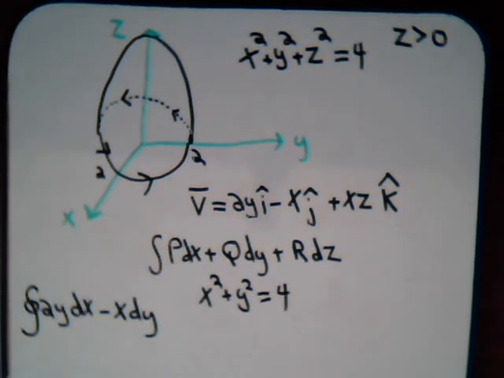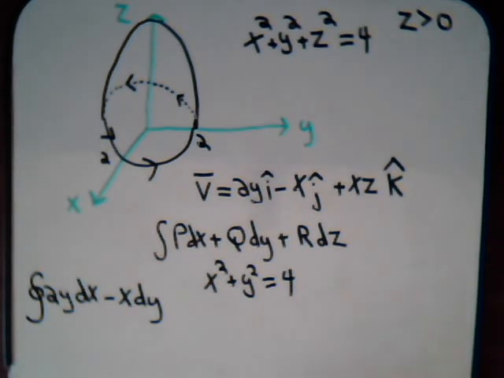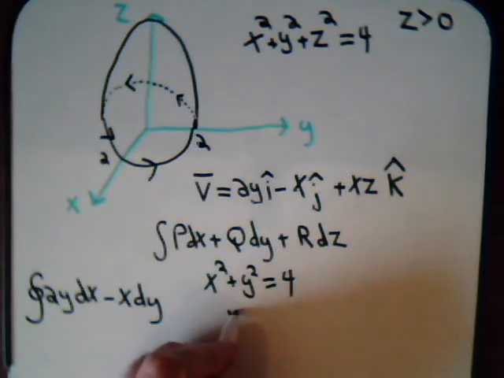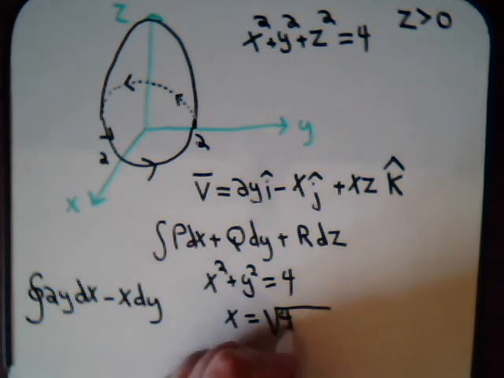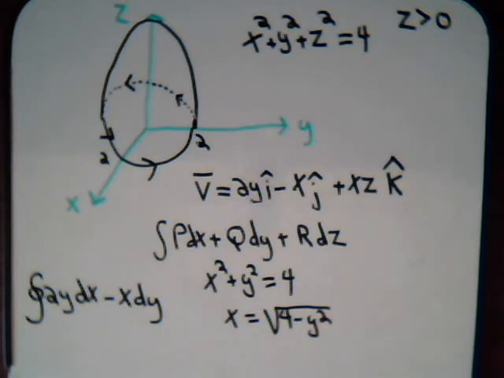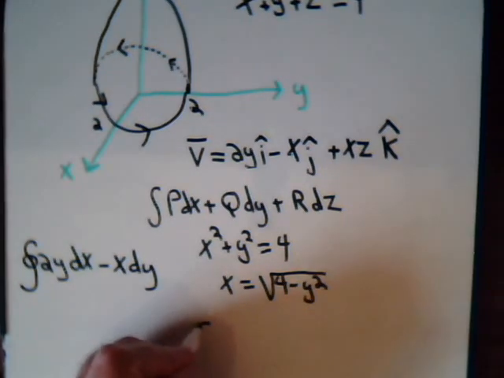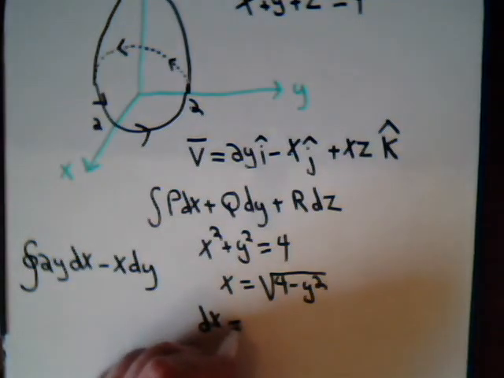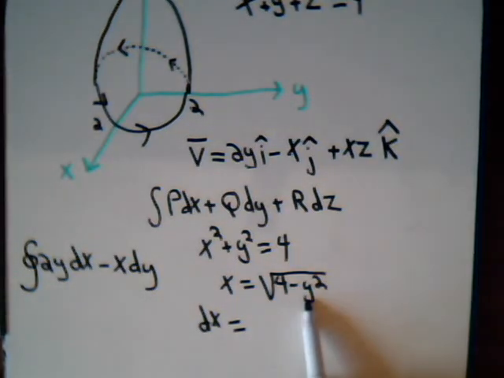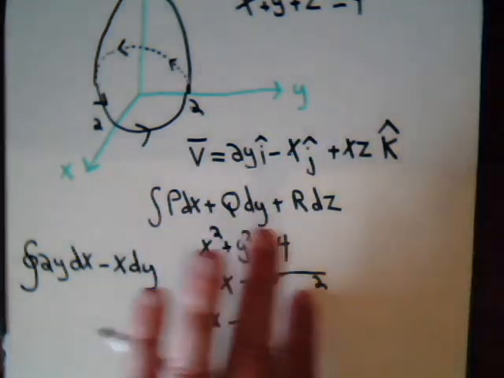Now, here we have an integral where we have dx and dy. But we can use our equation here to say, well, x, we can express that in terms of y. That equals the square root of 4 minus y squared. And dx, we can express that in terms of y. This would be 4 minus y squared to the 1/2. I guess we'll write it like that.